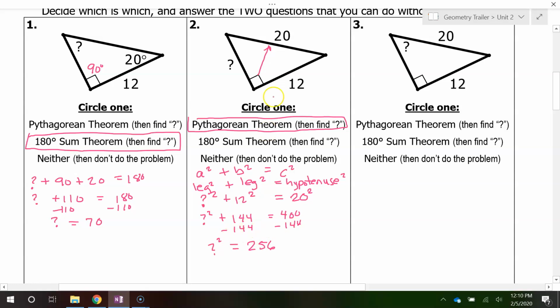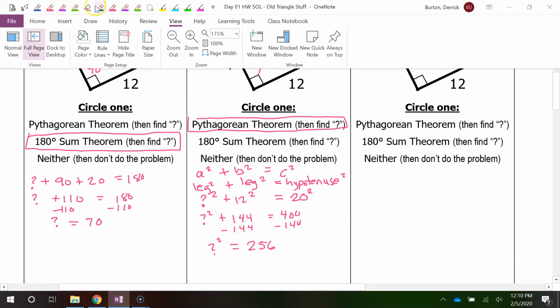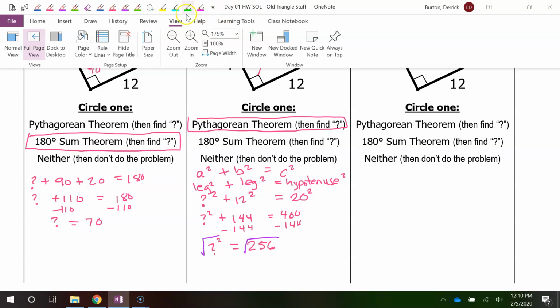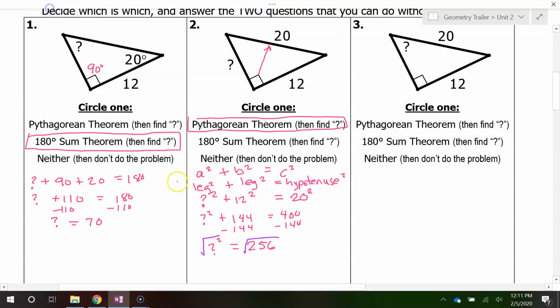So that's 256. Finally, you need to take the square root of both sides to unsquare this. And the square root of 256 is 16. So the question mark side is 16.